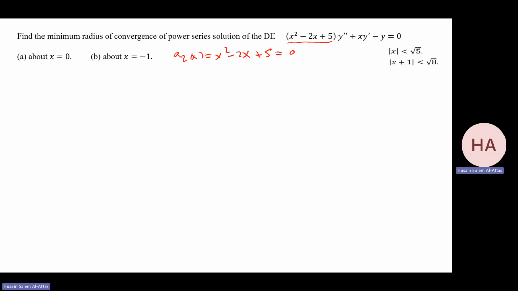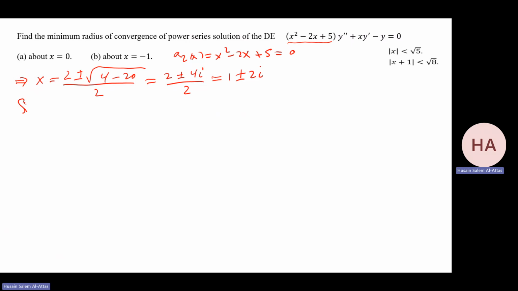I need to solve it using the quadratic formula. I have 2 plus or minus square root of b squared, 4 minus 20, over 2. This is square root of minus 16. So 2 plus or minus 4i over 2. Yeah, I have an i here. That will be 1 plus or minus 2i.